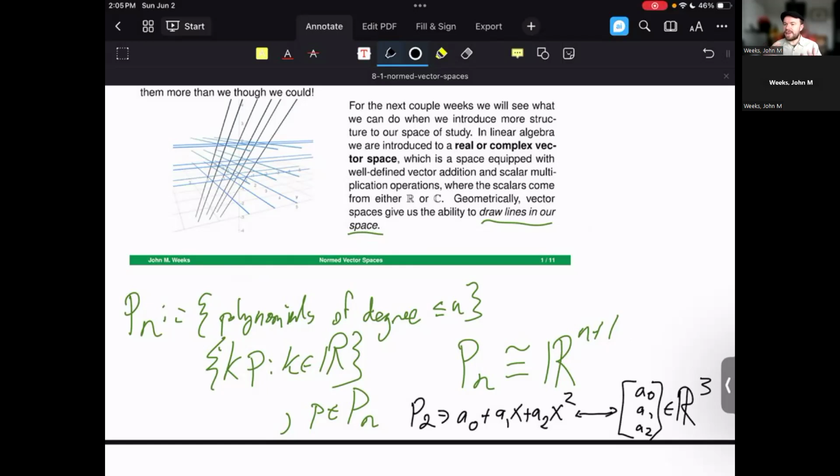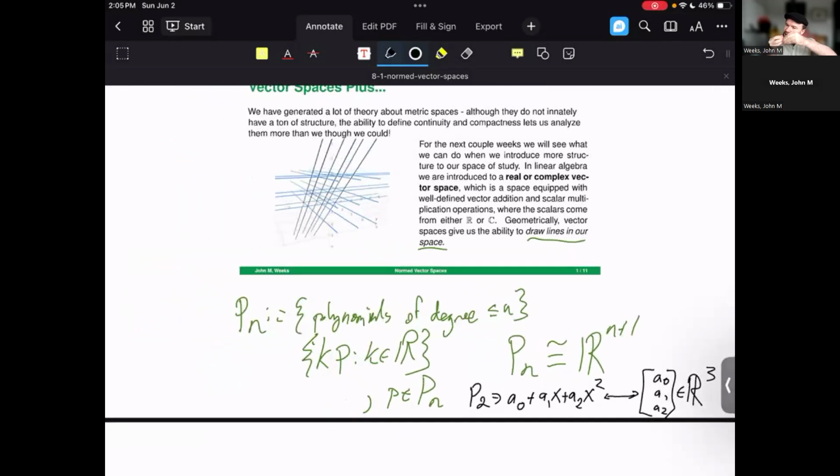Indeed, we can eventually end up utilizing some sort of argument that says that all finite dimensional vector spaces really just look like some sort of R to the n. All right, so they have some sort of structure that makes them look like this. So the idea is that all of these have this sort of linear format. We want to be able to draw lines in our space.